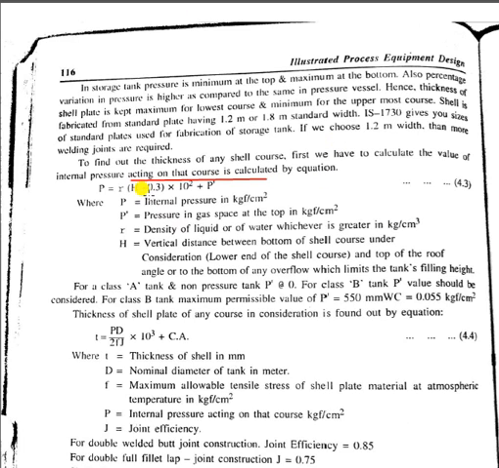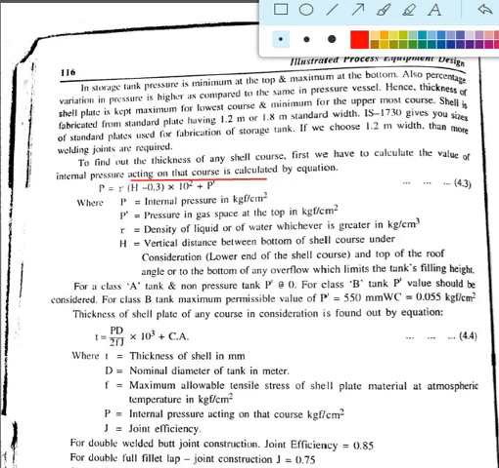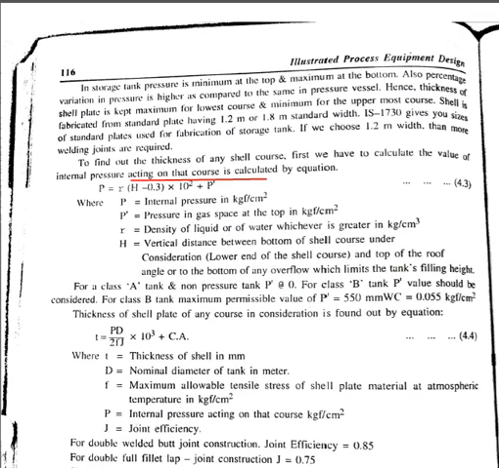P is equal to R into (H minus 0.3) into 10 raised to minus 2, plus P dash. P is the internal design pressure in kgf per centimeter square, and P dash is the pressure in the gas phase at the top in kgf per centimeter square. R is the density of the liquid or water, whichever is greater.